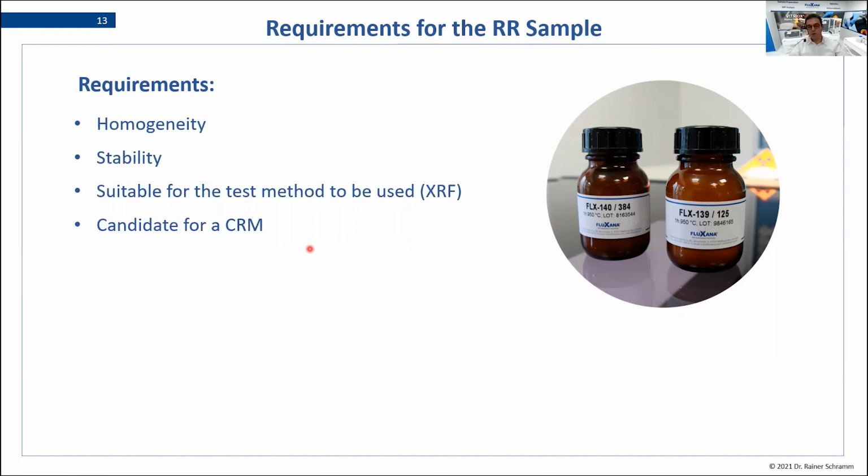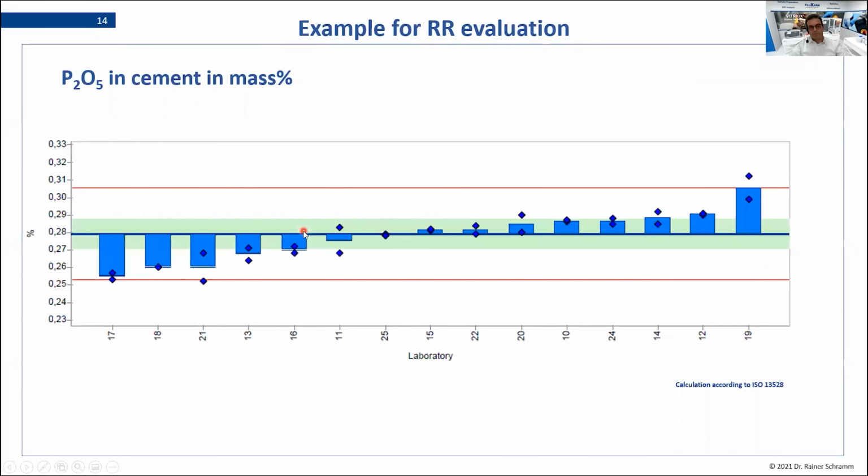And this is what we do normally, that we use such a material to establish also a certified reference material later on. But then we don't use the round robin results. We will do an own kind of method.